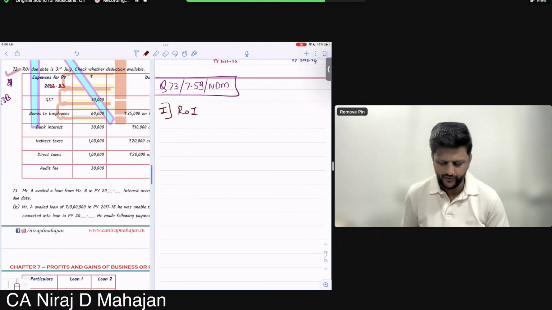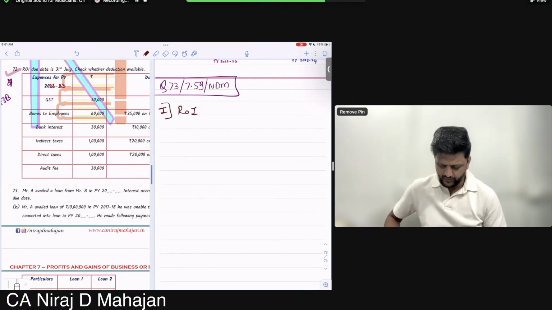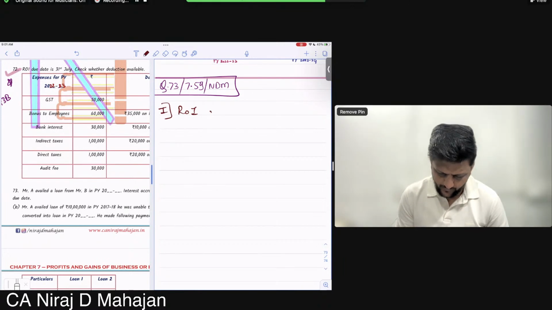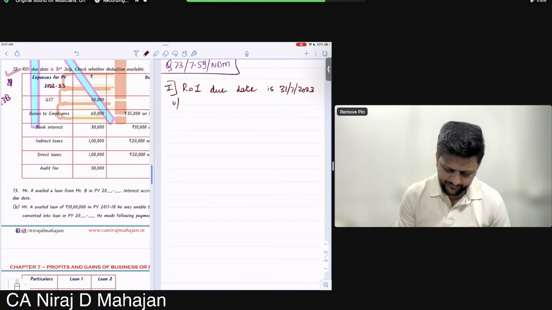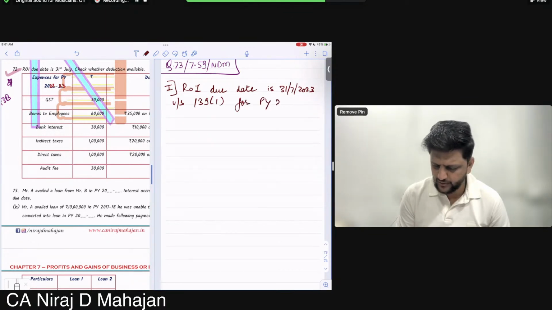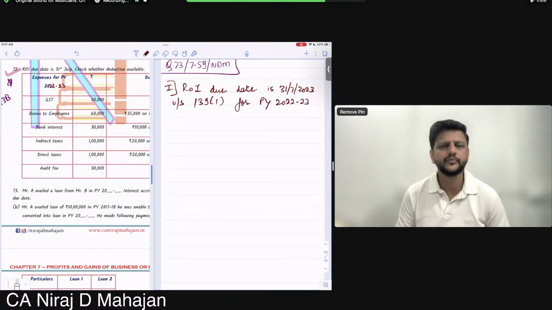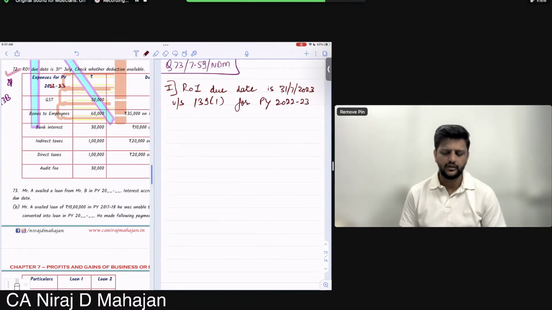Due date is 31st July 2023 under section 139(1). I'm writing PY only, okay, for your understanding. 22, 23. Finally, this is a common point for the entire question.